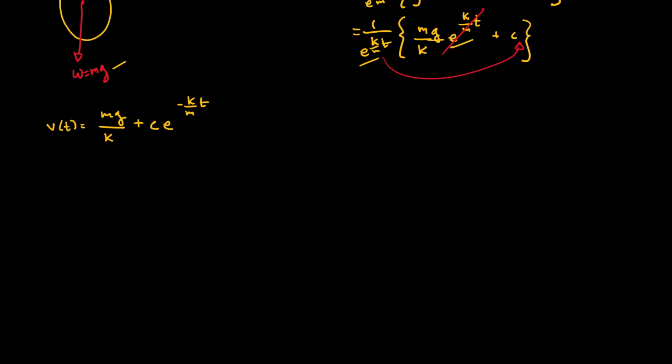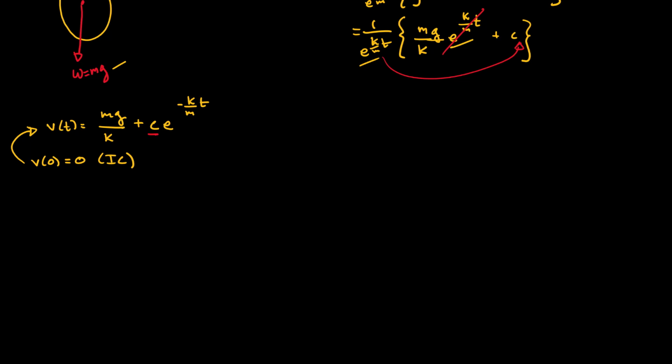Okay, so we still need to solve for our unknown constant of integration c. And with that, we use our initial condition. We're told that at time t is equal to 0, the velocity is equal to 0. This is our initial condition. So let's substitute this into our solution.